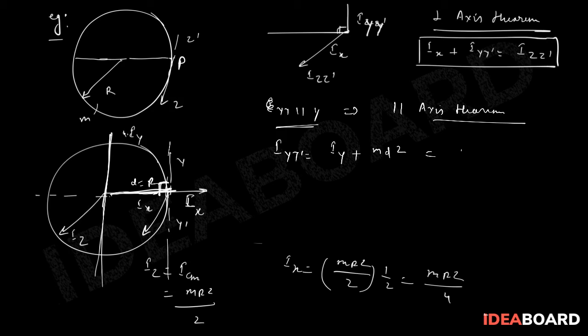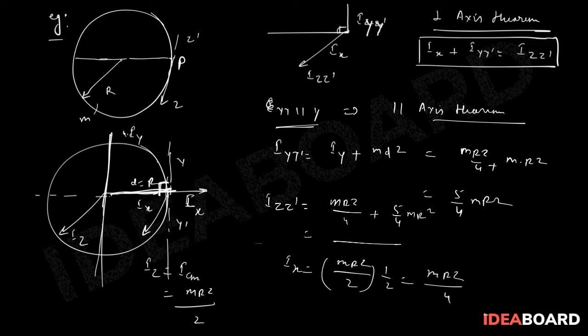So Iy is nothing else, we calculated, equal to Ix, which is mr square by 4, plus m into r square. So this is 5 by 4 mr square. And once I achieved the value of Iyy dash, then we can substitute the value in our equation. So Izz dash is mr square by 4 plus 5 by 4 mr square.